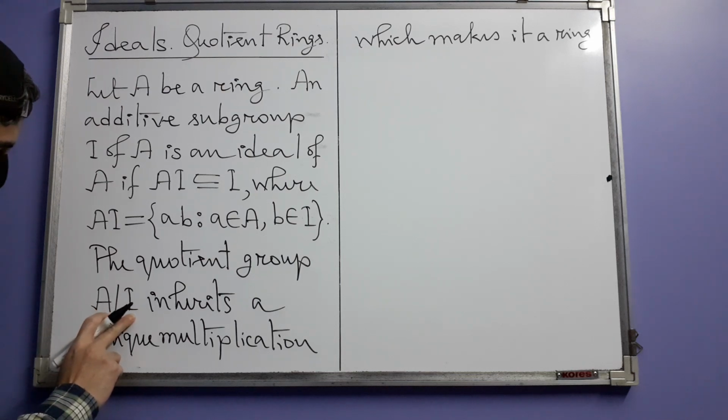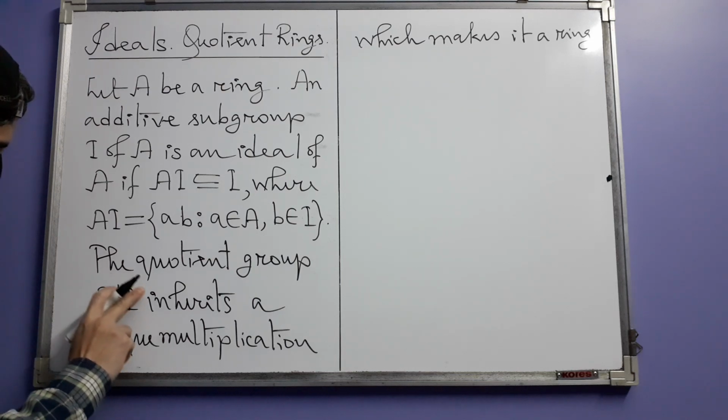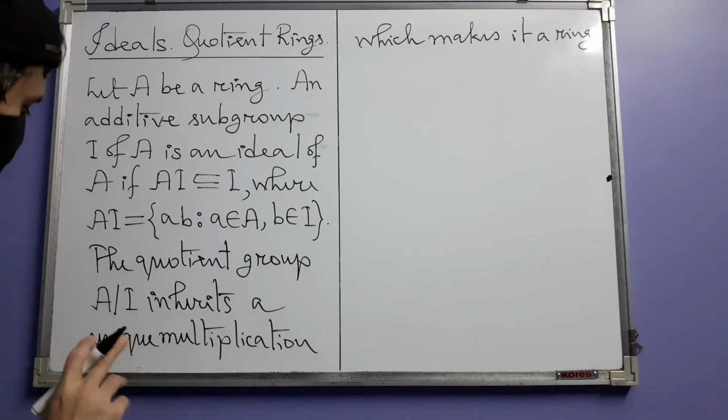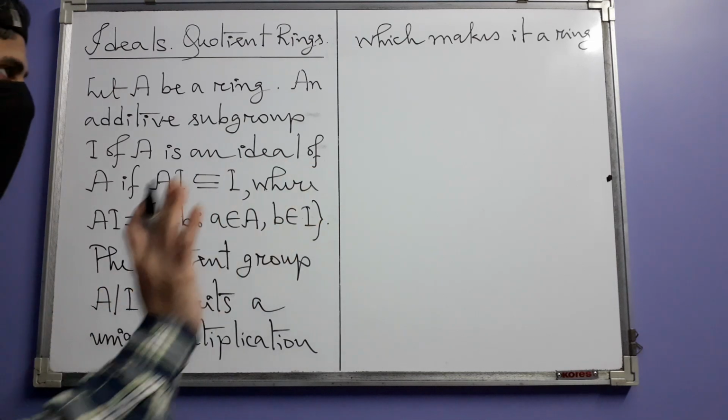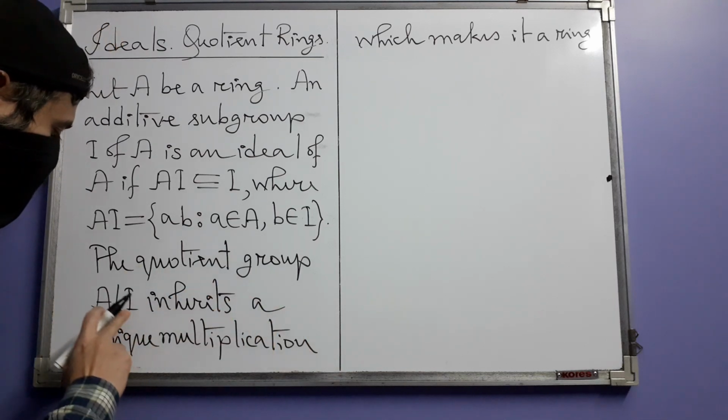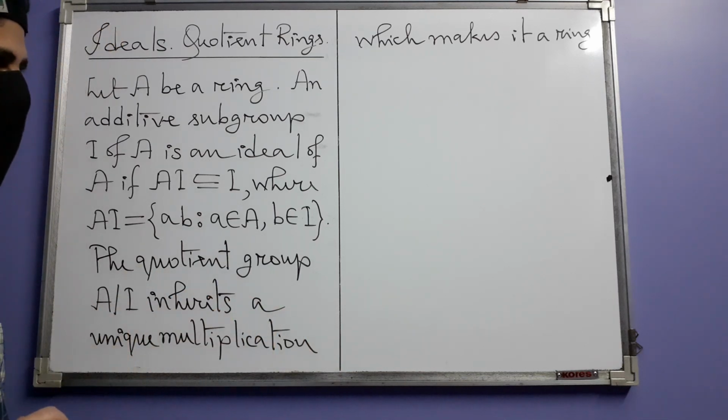Is it going to be commutative? Yes, because our original ring A is a commutative ring. So the quotient ring automatically will also be commutative. This also we know from Herstein. Will it have an identity element?